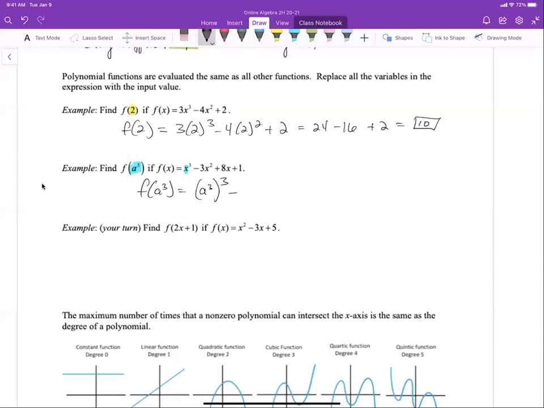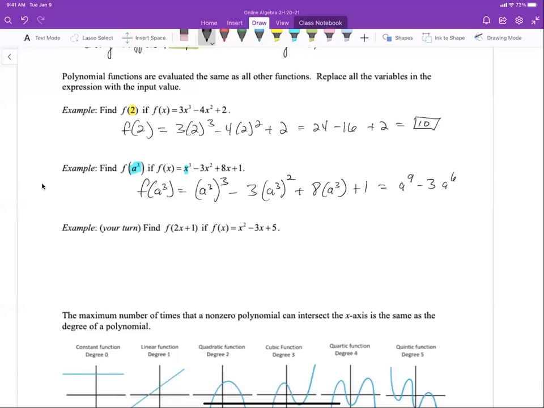So minus 3 times x, which is a cubed, and then I have to square that, plus 8 times x, which is a cubed, plus 1. All right, and then I have to simplify. So a cubed cubed is a to the 9th, minus 3 times a cubed squared, which is 3 times a to the 6th.